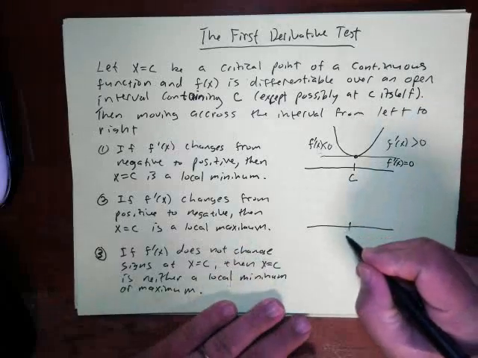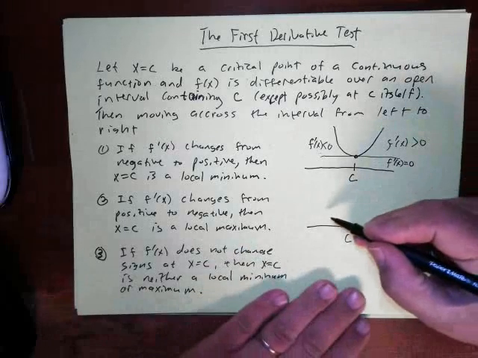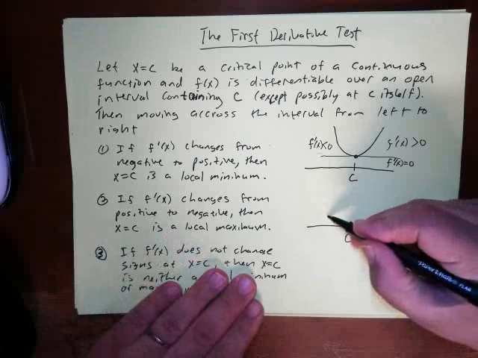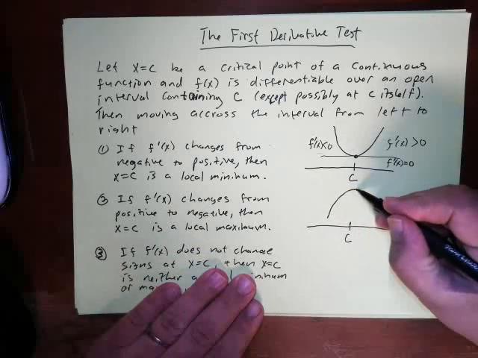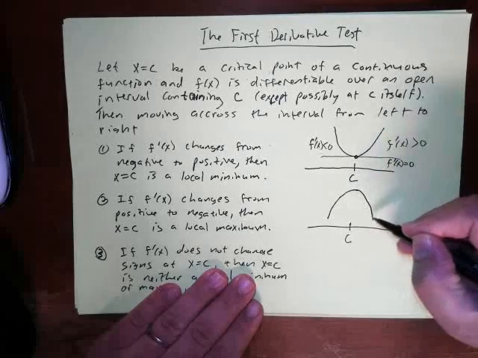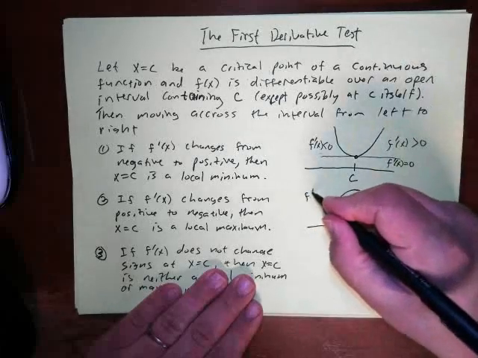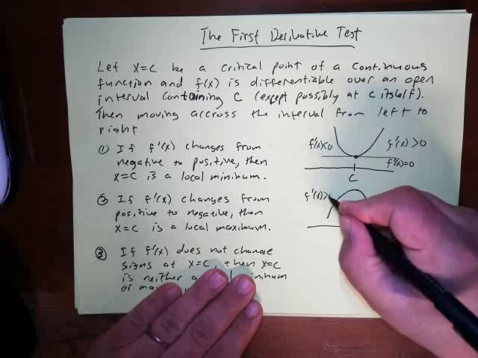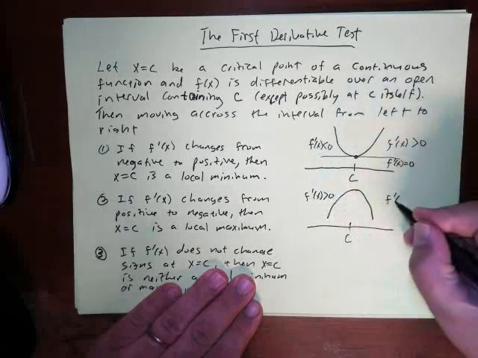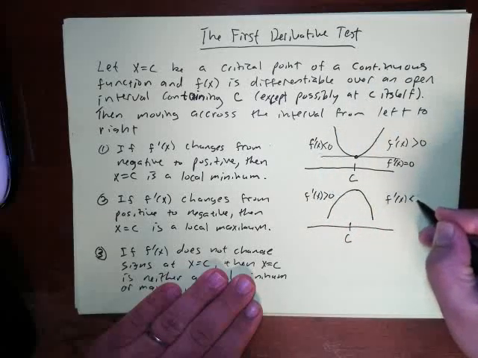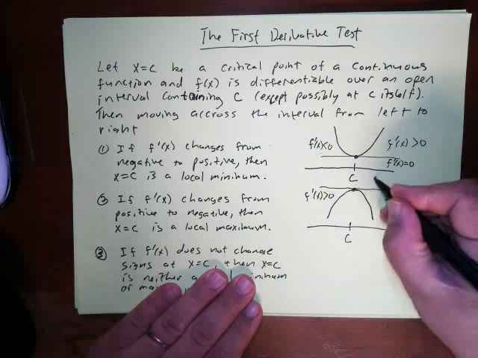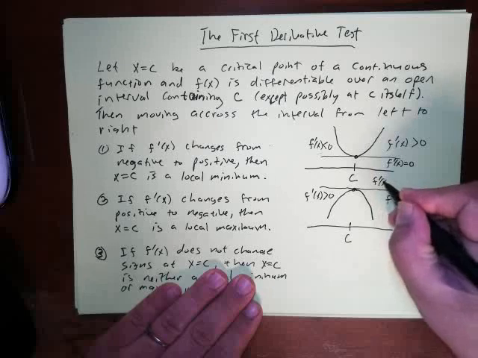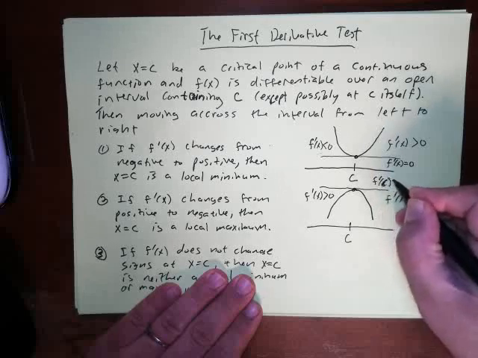If it goes from positive, the function is increasing on this side until it reaches this maximum point, and then it starts decreasing. So the derivative is greater than 0 here and less than 0 over here, and at this point, which should be c, you've got the horizontal tangent line where the derivative at c is equal to 0.